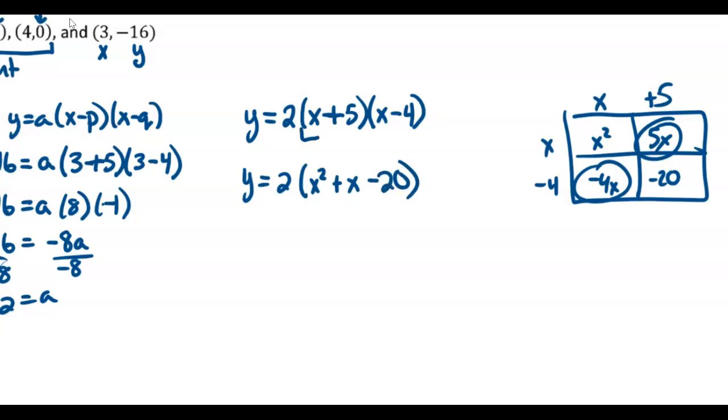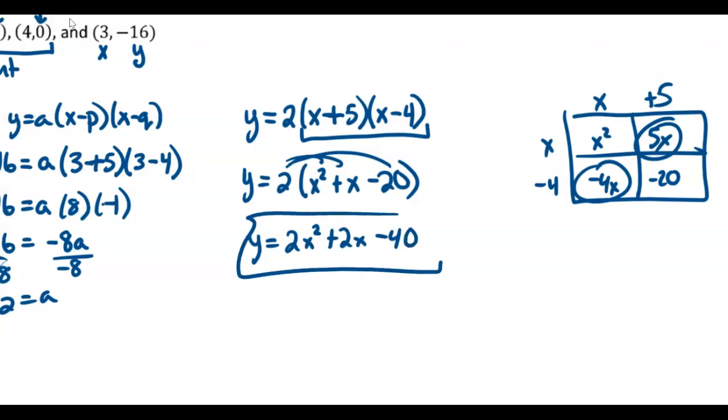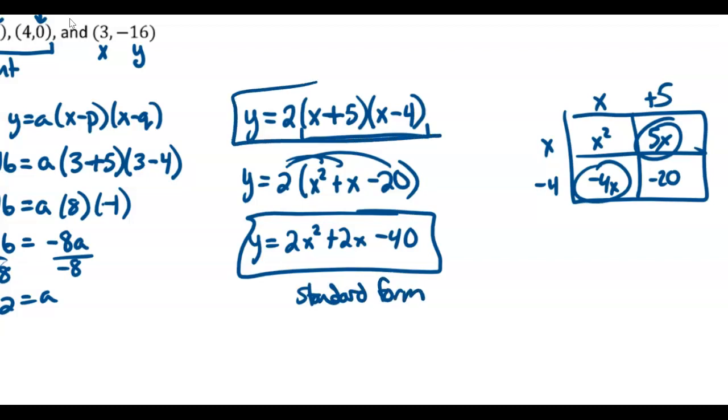So I multiplied that out first, and now I'm going to distribute the 2. So I get 2x squared plus 2x minus 40. That is my answer in standard form. Had they asked me to leave it in intercept form, that would have been this one. It just depends on what they ask you for.